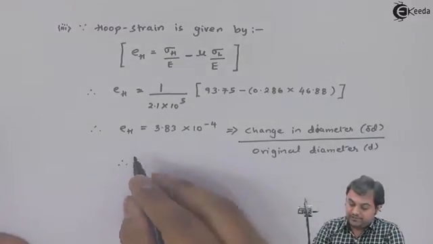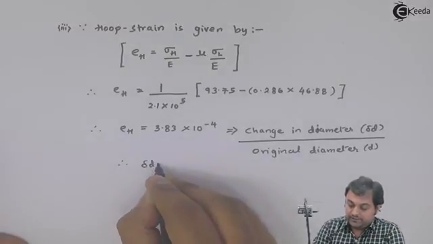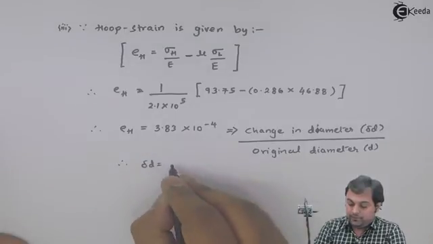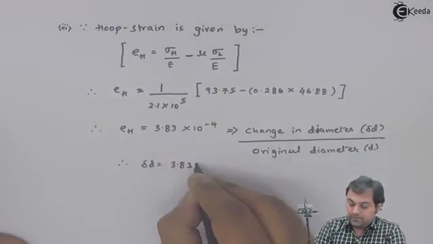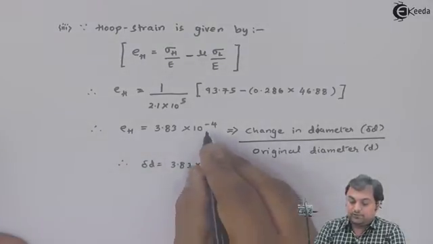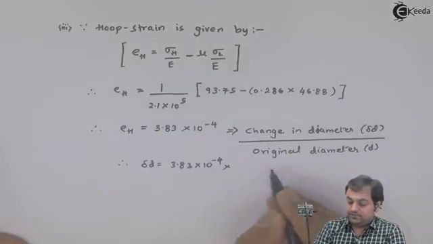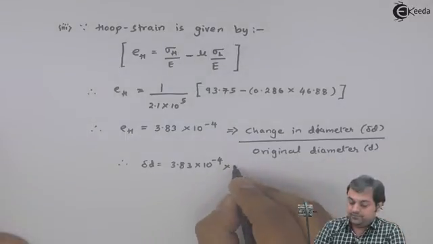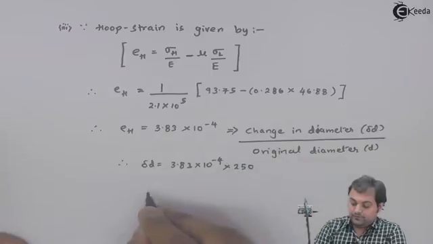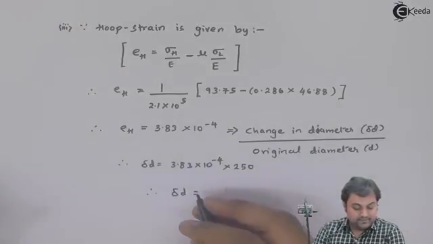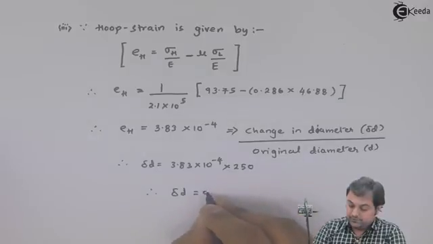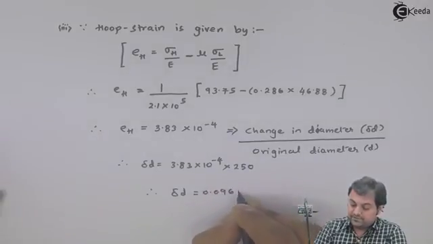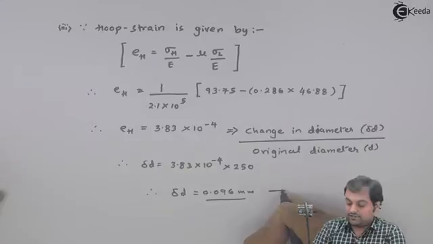Therefore delta D will be equal to 3.83 into 10 raised to minus 4 multiplied by the original diameter, which in this problem is 250. So I get the change in diameter as 0.096 mm, our third answer.